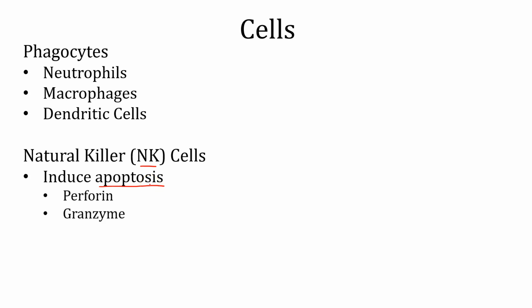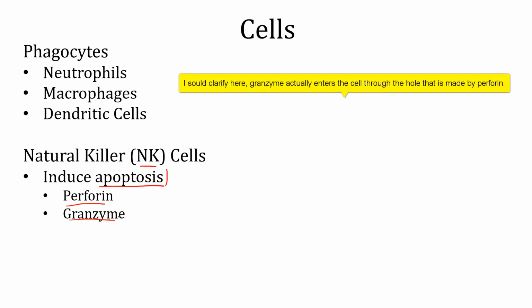This is done by a couple of different ways, and if that's the route, it will use these two weapons here. Perforin is a protein that can be released through a granule, and it can poke holes in the membrane of a cell and then disrupt its permeability so that it dies. And then granzyme goes in and just kind of starts digesting things apart.